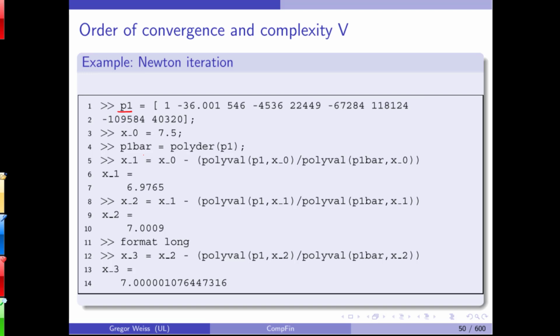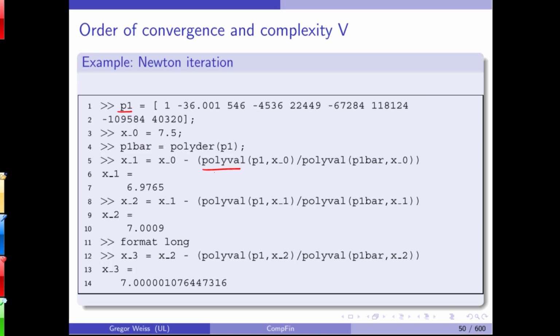MATLAB has a built-in function to calculate the coefficients of the derivative of a polynomial, because, as you might know, the derivative of a polynomial is again a polynomial of order n minus 1. And this is quite simple. In MATLAB, you only use this built-in function polyder. You can also use polyval, which gives you the value of a polynomial p at point x.